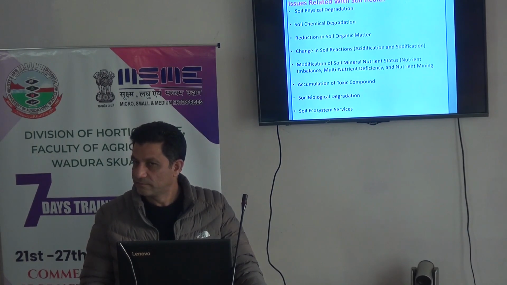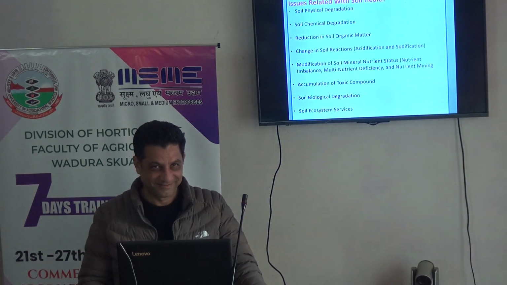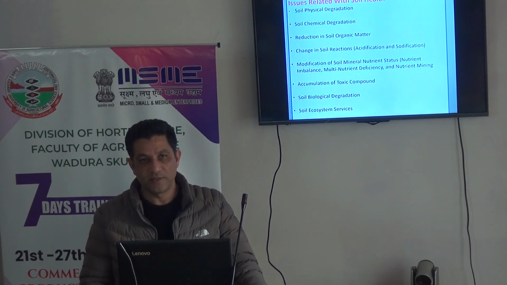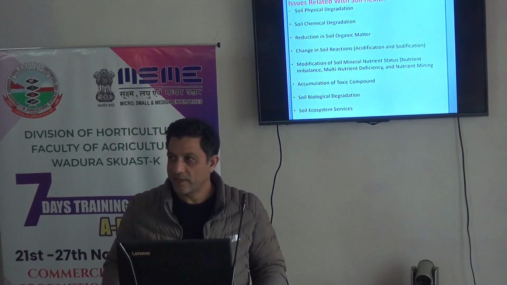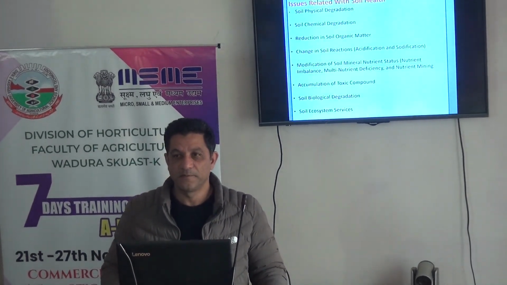Microbes. How? Sir, if there is organic matter, the microbes will be more. Exactly. Basically, this is called mutualism. When there is organic matter, we have enough energy for the flourishing of microorganisms.